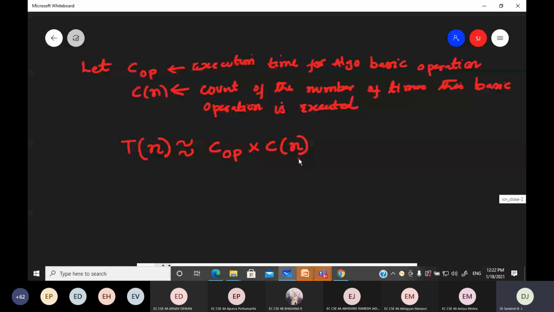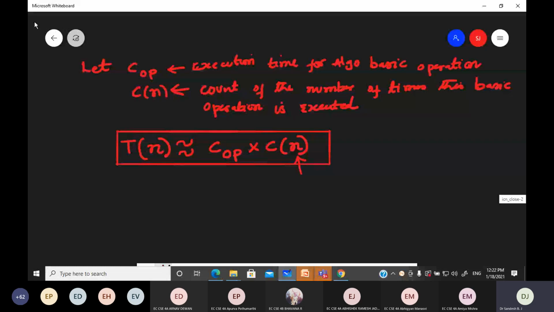So the count which we are counting in the algorithm is also approximate, and the count Cn does not contain any information about the operations that are not basic. So this is an approximate evaluation of algorithm efficiency.